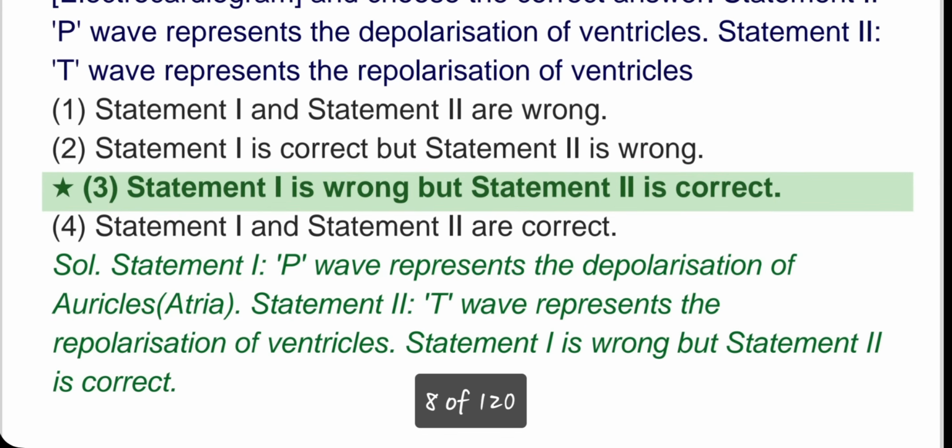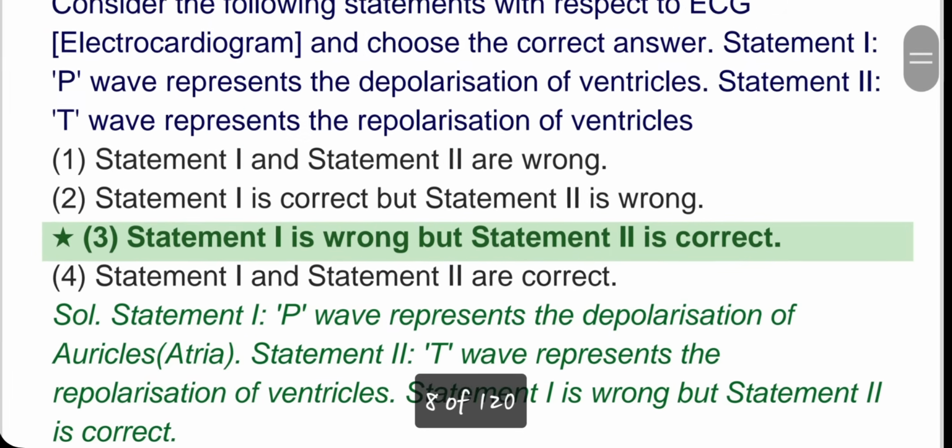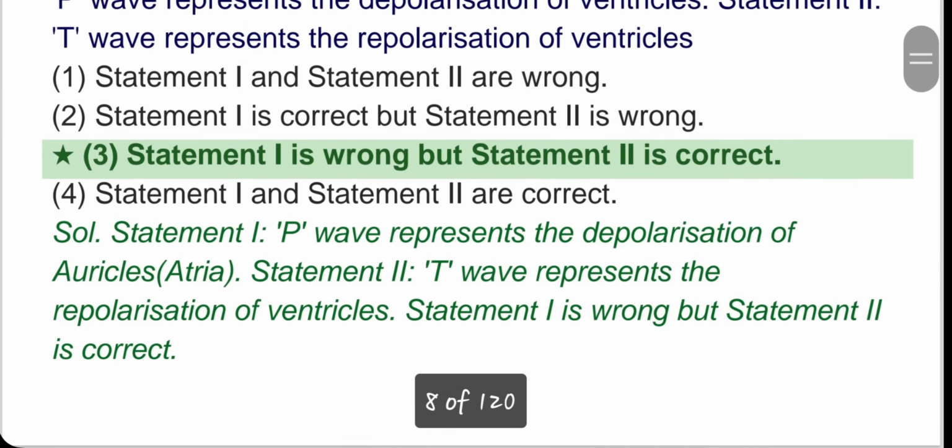The reason is that the P wave represents the depolarization of auricles. It is not ventricles, so that is the reason it is a wrong statement. Statement 2 is correct. T wave represents the repolarization of ventricles.